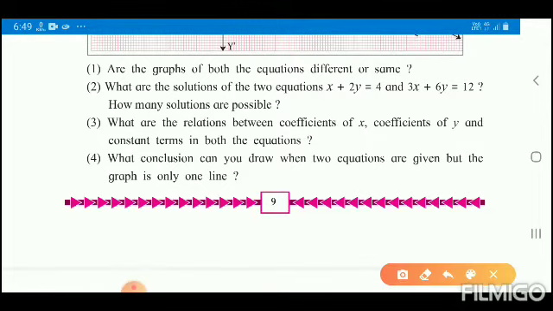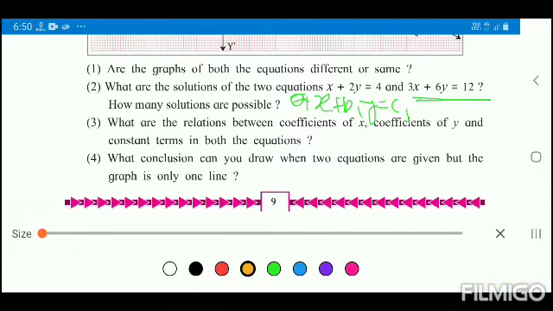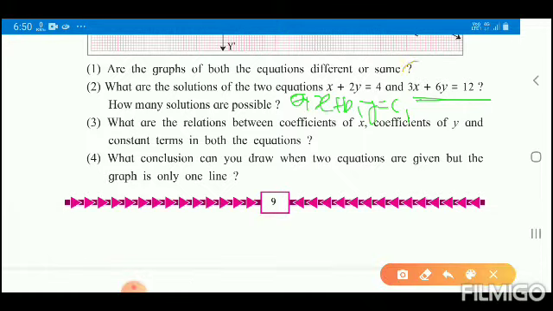If we consider the equation x plus 2y is equal to 4, then we will write this equation in the form of a linear equation: A1x plus B1y is equal to C1, and the second equation we will write as A2x plus B2y is equal to C2.